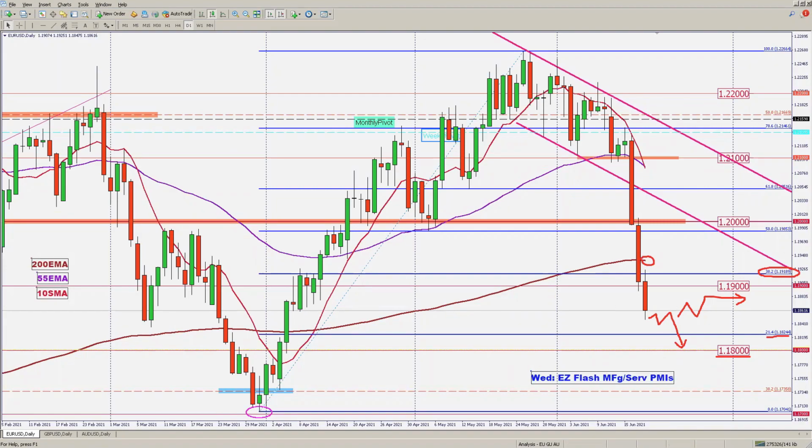So let's mark that as a potential resistance zone.